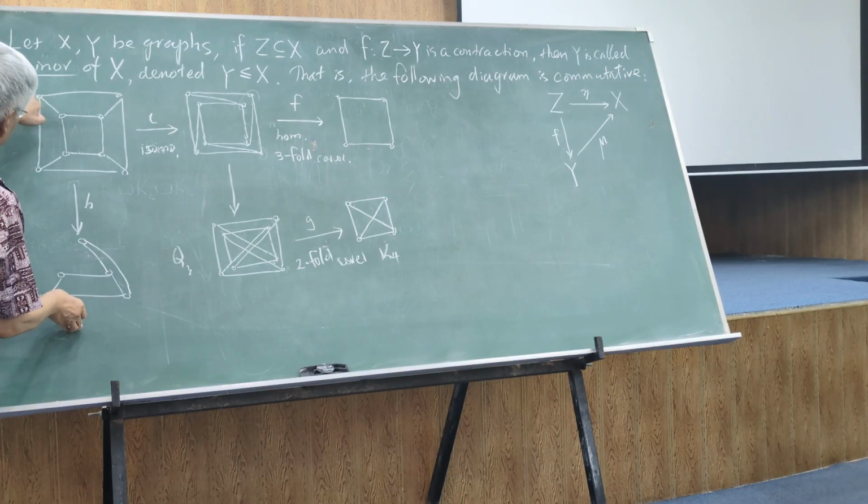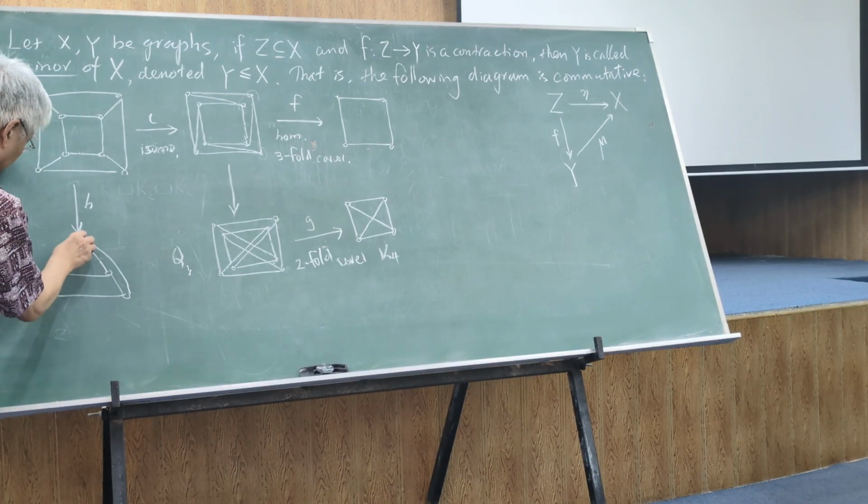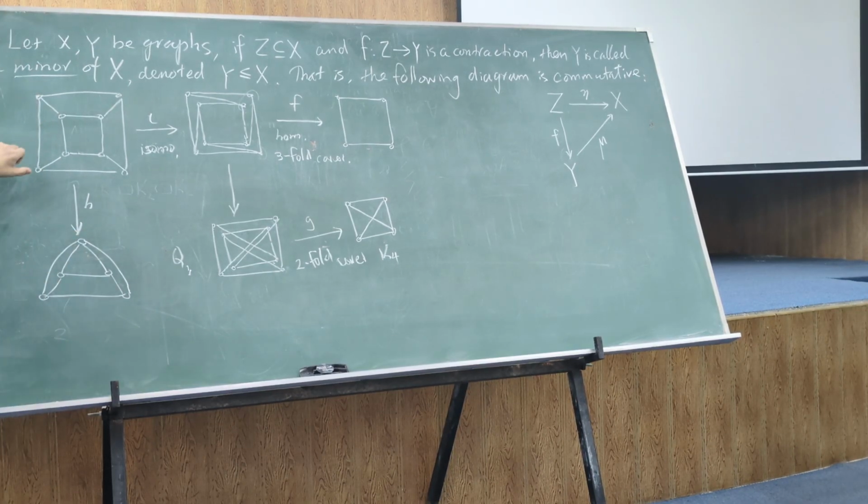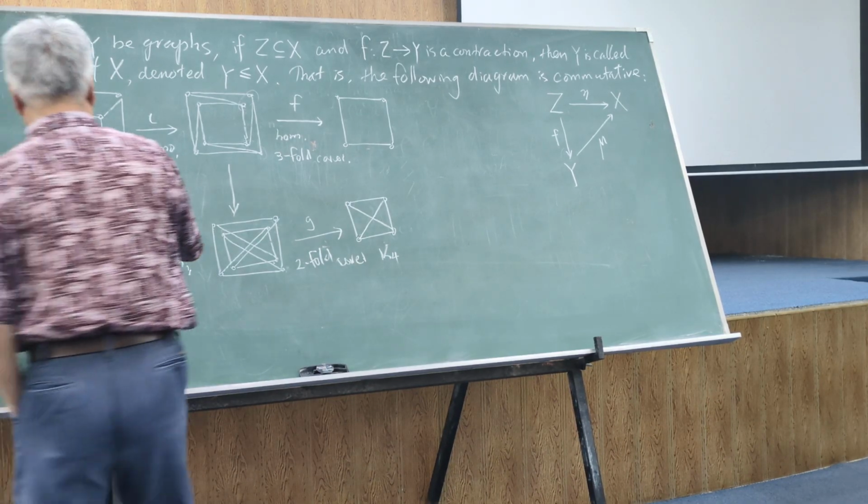There are edges from that vertex to these 2 vertices. Those 2 edges are mapped to a vertex. Those 2 edges are mapped to a vertex. All images of all other edges are edges. So this is an example of a quasi-homomorphism, which is not a homomorphism.